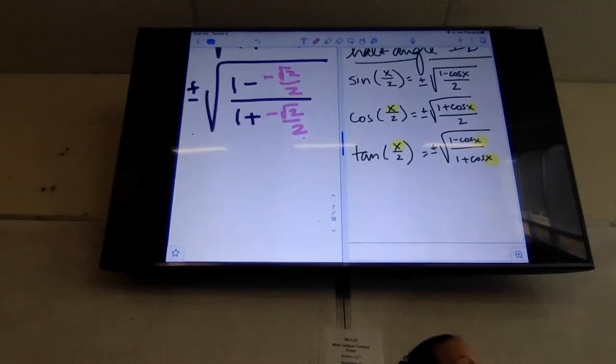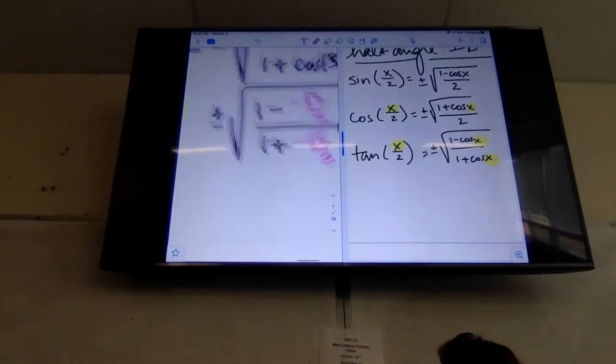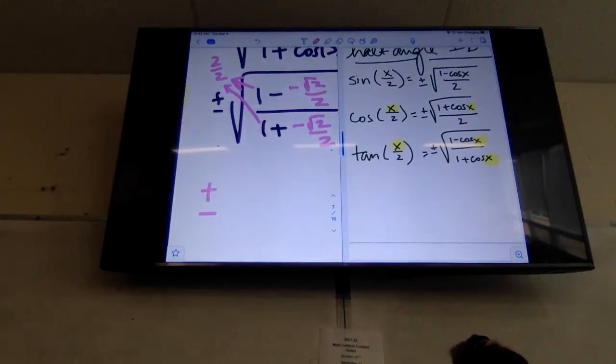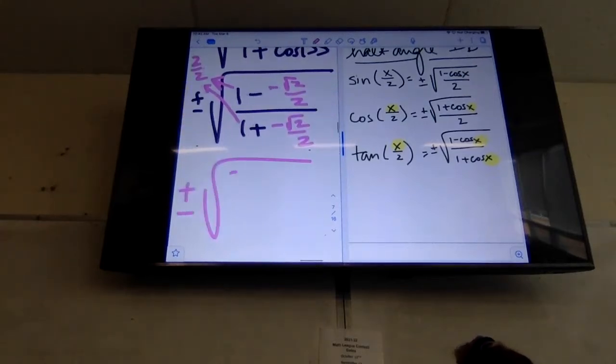So a minute ago, you told me that 1 could be rewritten as 2 over 2. So we're going to use that concept here. Both of those 1s are going to become 2 over 2. And I'll even write this step out. You don't have to if you feel good, but I can write 2 over 2 minus a negative, which becomes a positive root 2 over 2. And then 1 plus negative root 2 over 2 becomes 2 over 2 minus root 2 over 2.